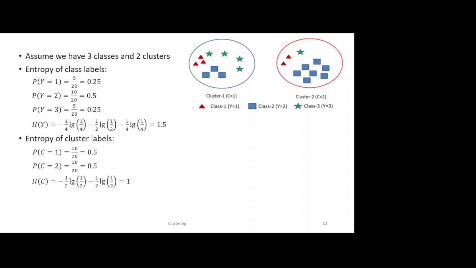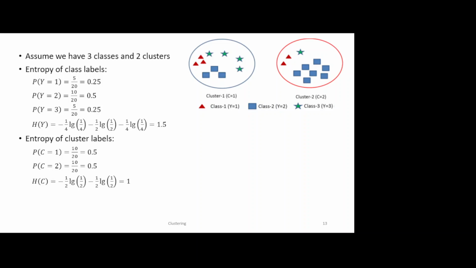So if the uncertainty is small, the information is low. If the uncertainty is high, the entropy will be high. We can use this idea to measure the impurity. If the cluster is very pure, all the data belong to the same class, it means the cluster is very pure, and when you compute the entropy it will be 0.